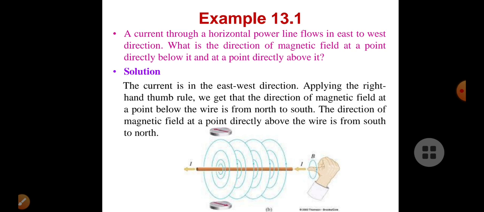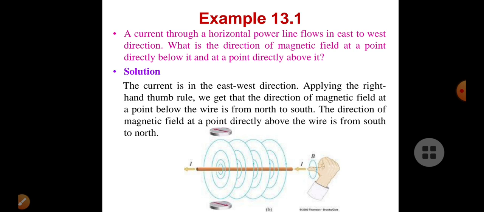As we know, there are 4 directions. This is east to west, and this is north, and this is south. Now what is the direction of magnetic field at a point directly below it and a point directly above it? This is the direction below this wire and this is the direction above this wire. You can hold any cylindrical object at your home. You have to do and experience this activity yourself.